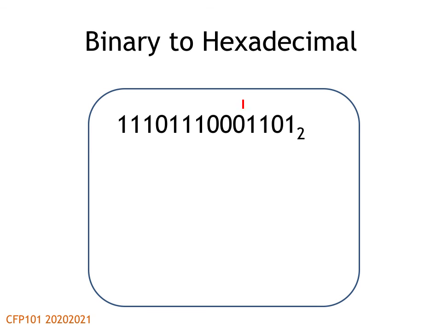So you count 4 bits, draw a line, then count another 4 bits, draw a line, and then count another 4 bits, and so on. Now, what you do is write down the equivalent hexadecimal number of those 4-bit binary numbers. You have 1101, that's D. 1000 is 8, and 1011 is B. 11 is 3. That will be your answer. That's 3B8D in base 16.